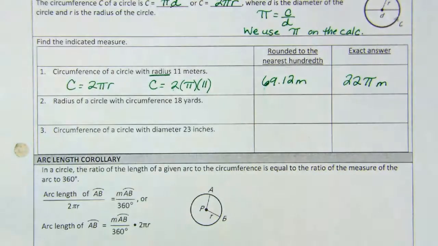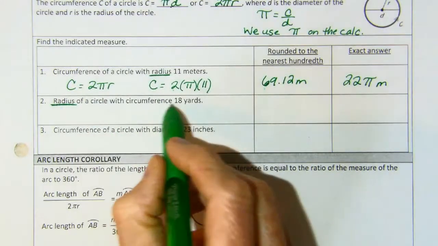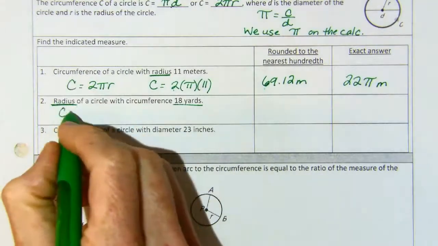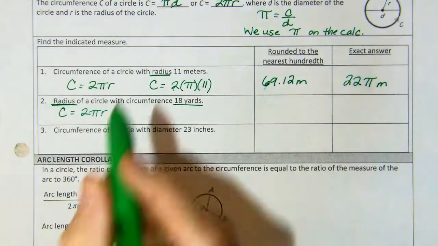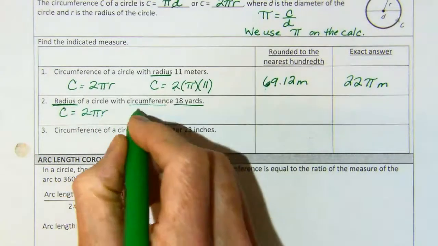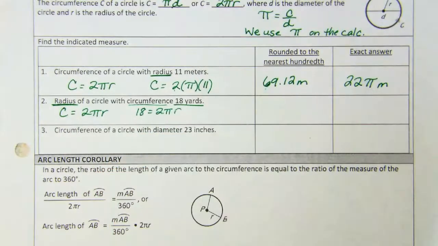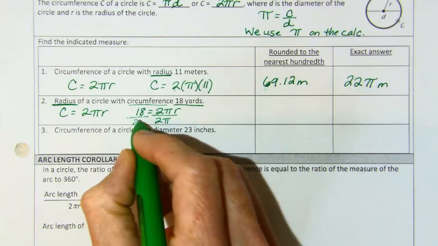Now the next one says find the radius of a circle with circumference 18 yards. Again, since it said radius, we are going to use circumference is 2 pi r, except this time it told us the circumference was 18. So 18 equals 2 pi r. To solve for this, I'm going to divide both sides by 2 pi.